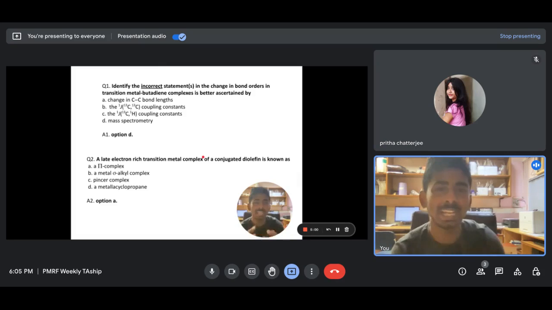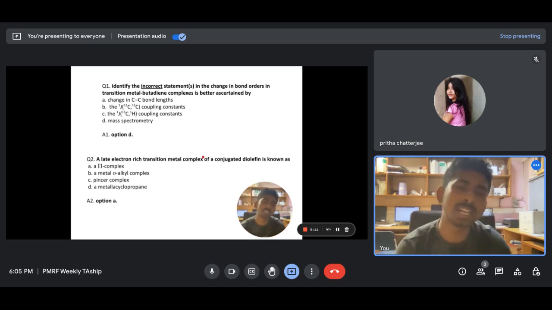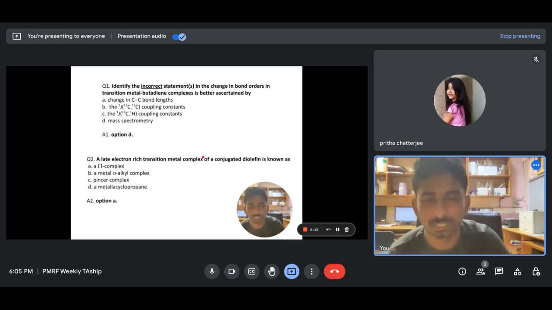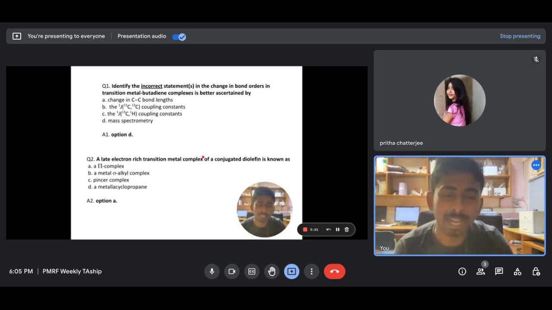Then the coupling constants will differ, because the chemical environment around the particular nuclei we are concerned about will be changed. This will be a significant tool to identify whether a transition metal butadiene complex has been formed or not.